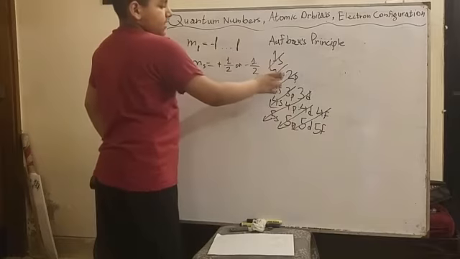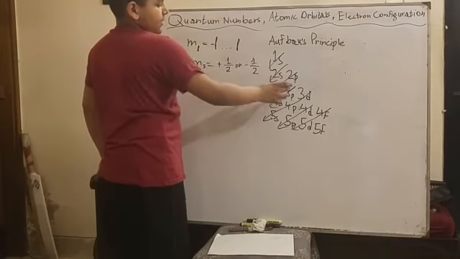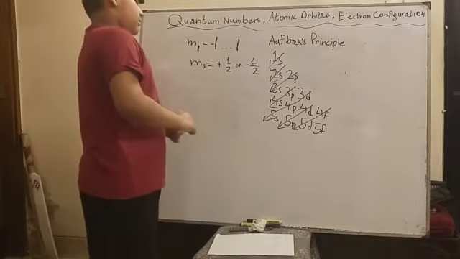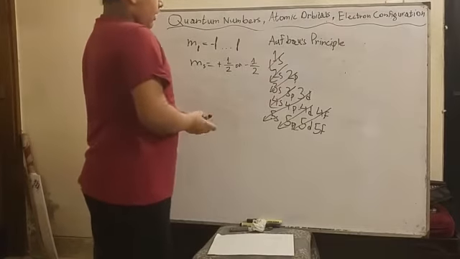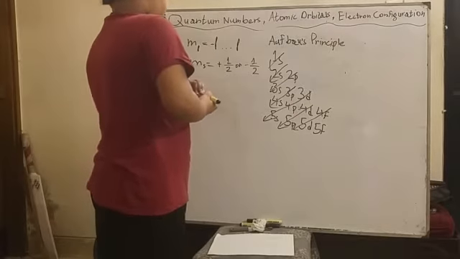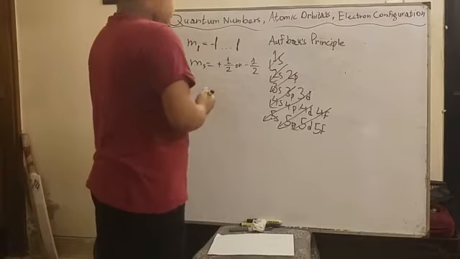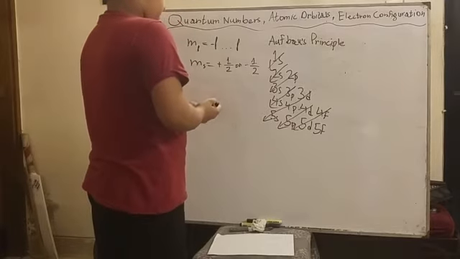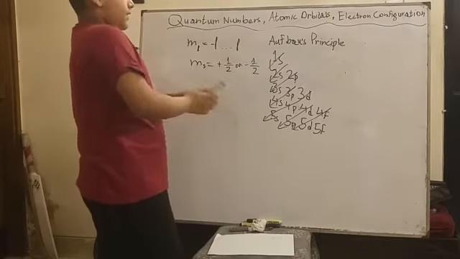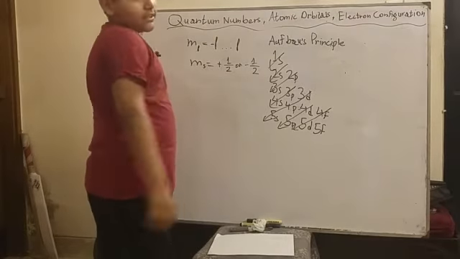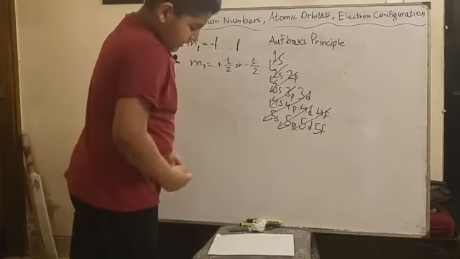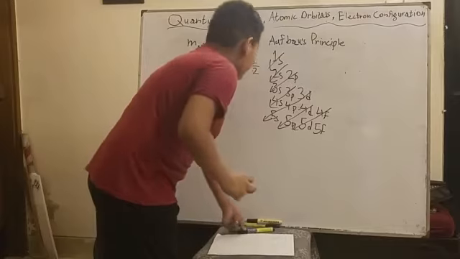First 1s, then 2s, then 2p, then 3s, then 3p, then 3d, then 4s, then 3d, then 4p, then 5p, then 4d, then 5p, then 4f, then 5d, and finally 5f, and so on. That was a long thing. We can see this by energy diagrams.